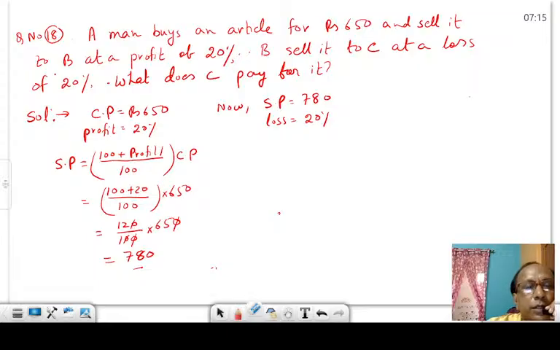Actually this is the selling price of A and that is the cost price for B. Here a man sells it to B. This is the selling price for A, and B sells it to C. That means this is the cost price of C. This is the cost price of C.